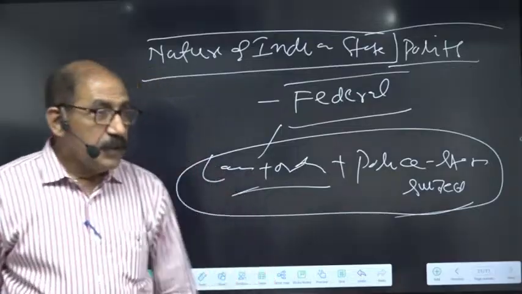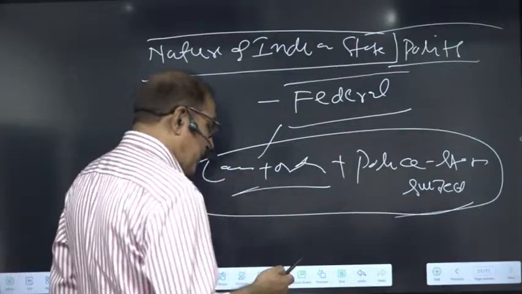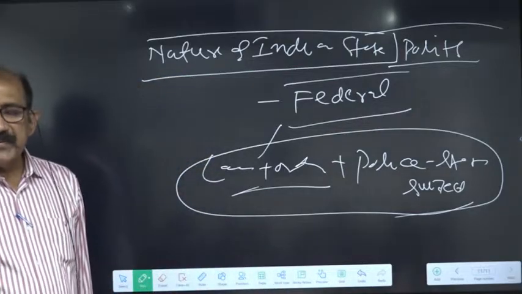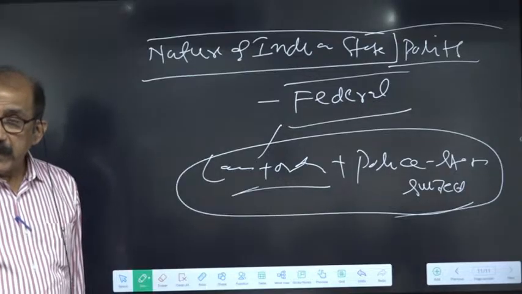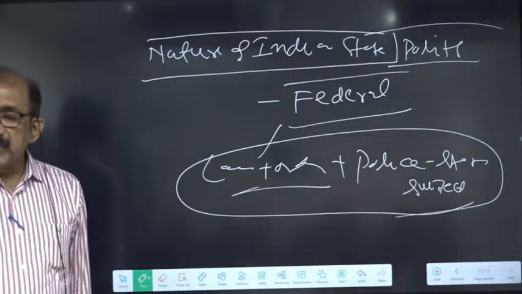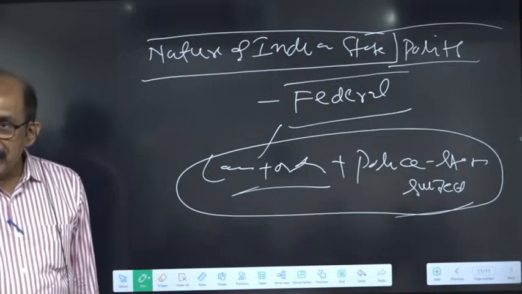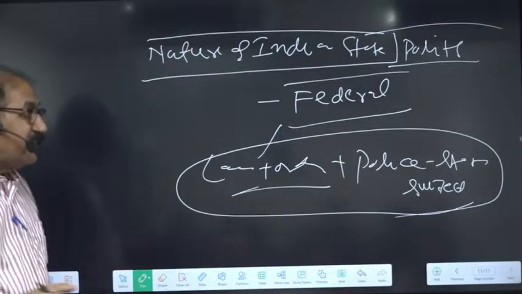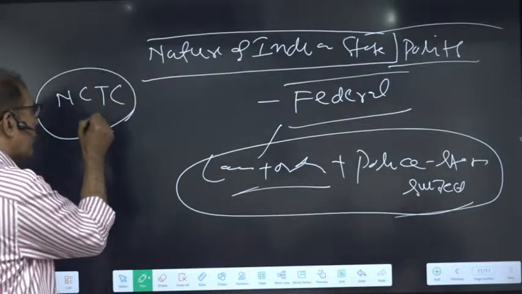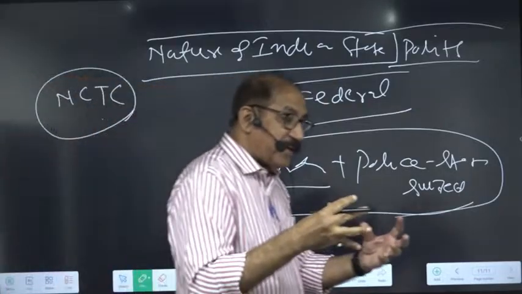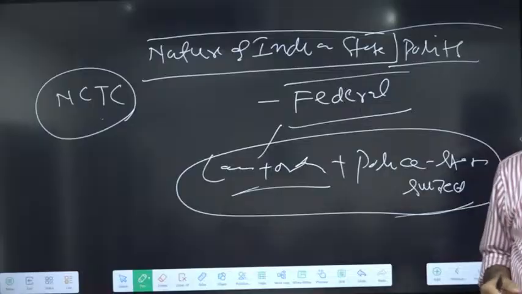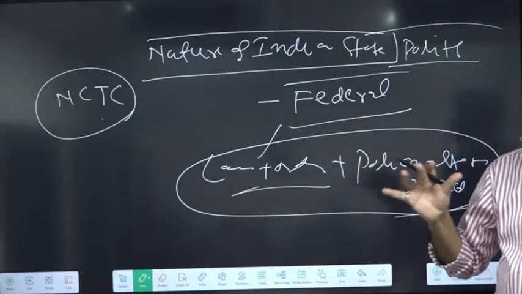One example I would like to give you is after 26/11, the Mumbai attack. After that, there was a UPA government at the center, and the UPA government planned to create an act, the NCTC, the National Counter Terrorism Center. They wanted to create a centralized body known as the National Counter Terrorism Center. But this could not be created.